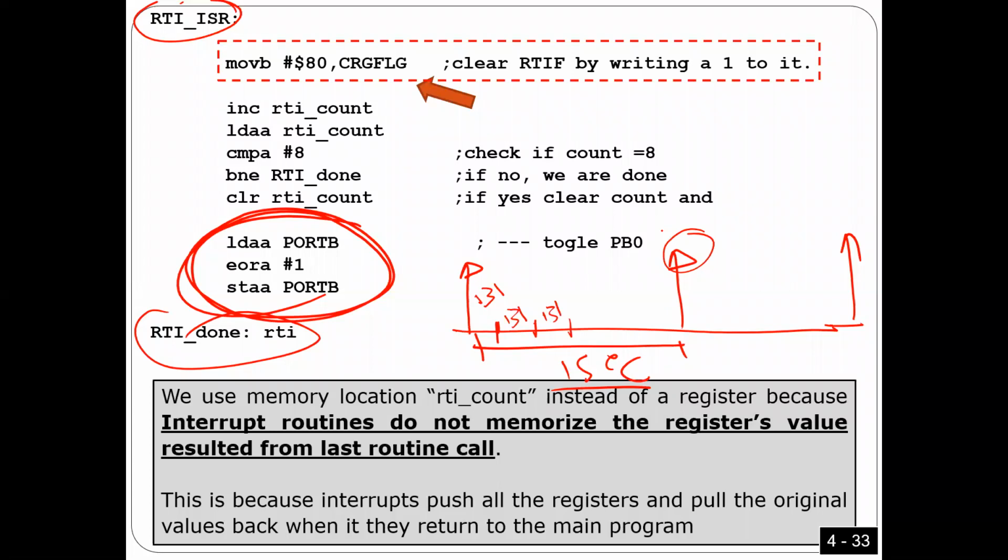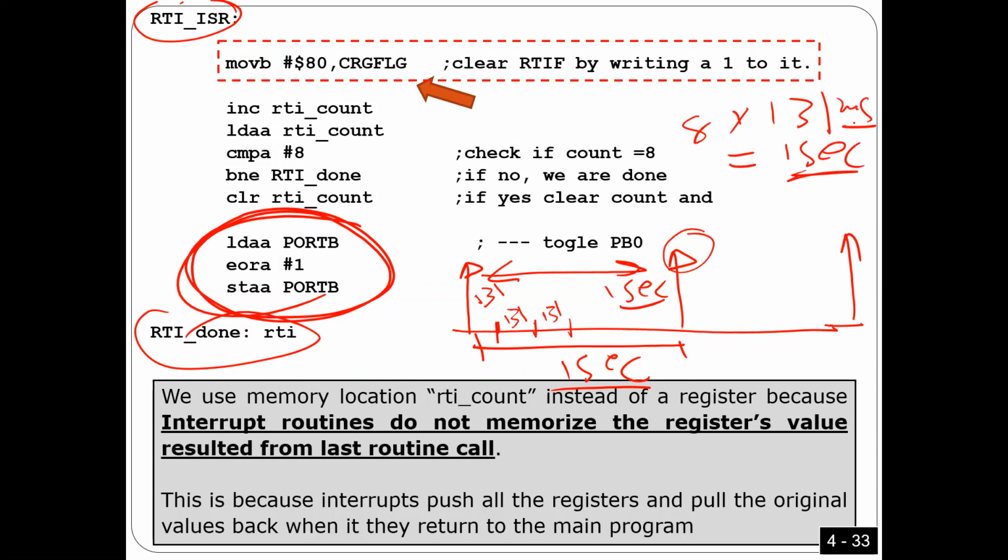That means I have to toggle the LED every 8 interrupts, because 8 interrupts means 1 second. You got what I'm saying? 8 times 131 milliseconds is almost 1 second.